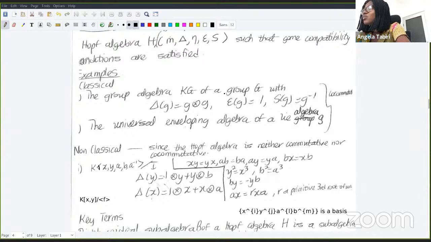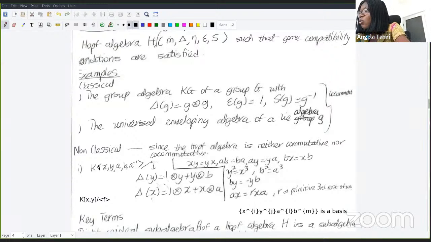But these two examples are classical examples. Classical in the sense that if your group G is abelian, then your group algebra is commutative and your underlying Hopf algebra is commutative.